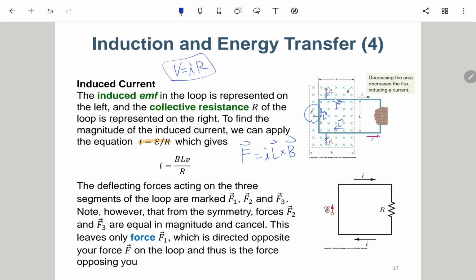That's why when you try to pull this loop out of the external B field, F1 points in the opposite direction. It feels like there is a force grabbing it backwards. This leaves only force 1, which is directly opposite to your force, opposing you.